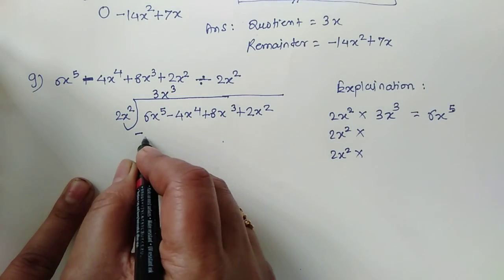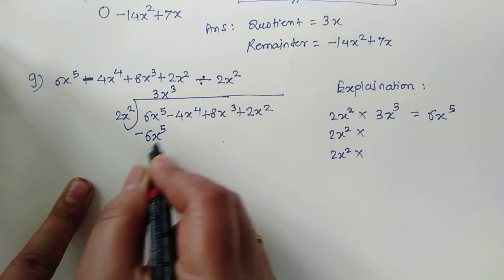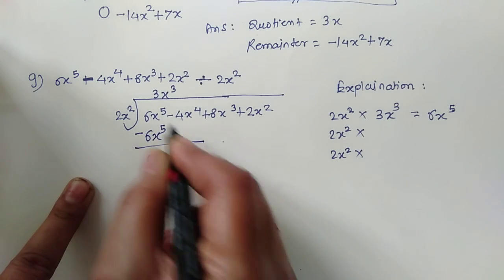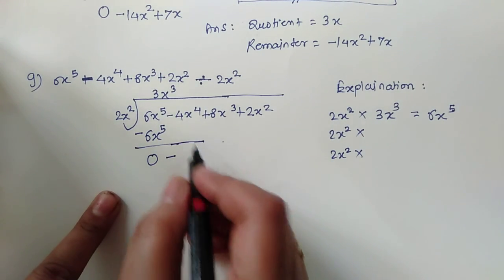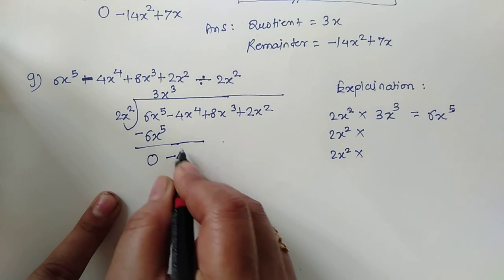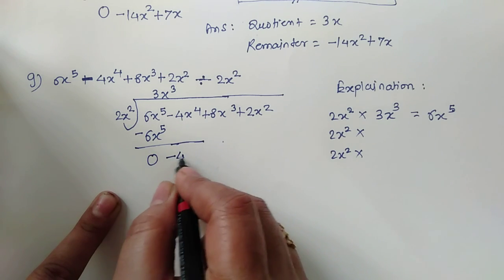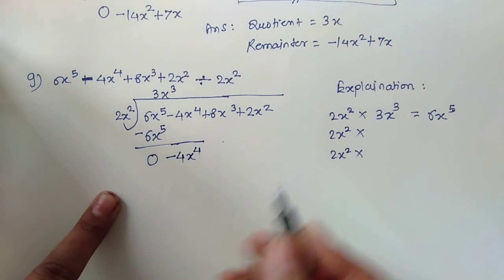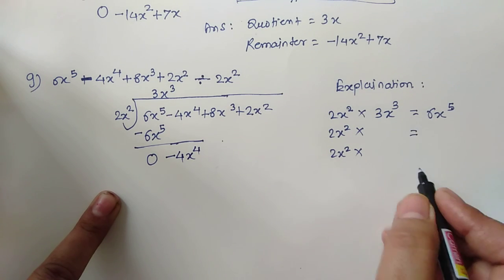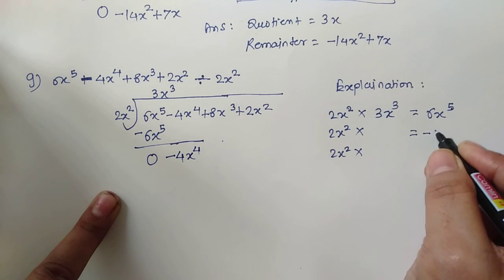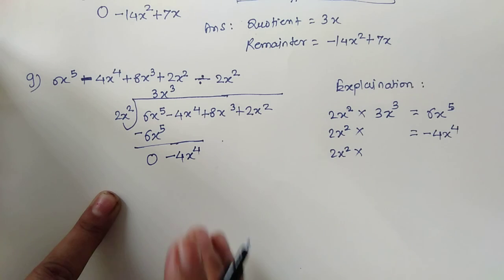Then we got the 6x raised to 5. Take the subtraction. Remainder is 0. Next term falls down. 4x raised to 4. So what do we want here? Minus 4x raised to 4.